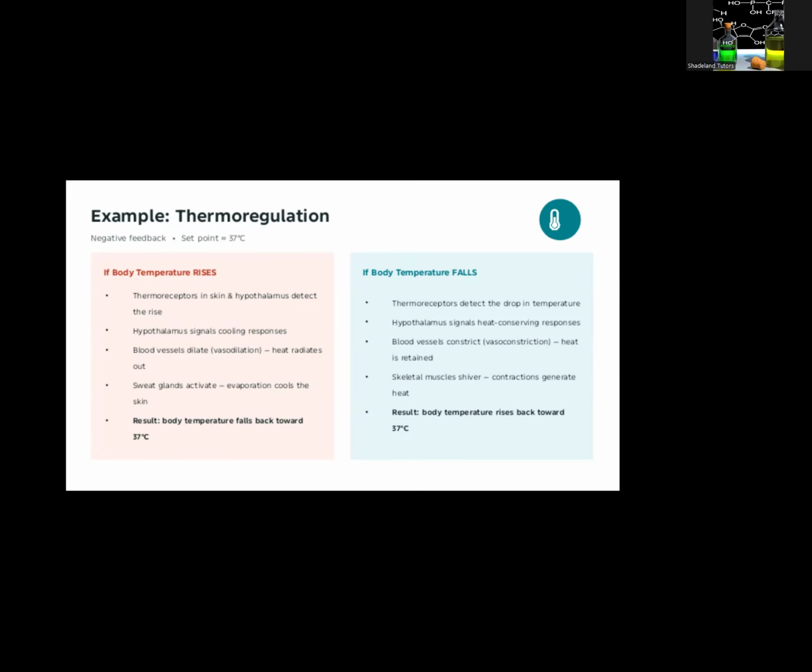Now, we are warm-blooded animals. Warm-blooded animals work hard to maintain a particular body temperature, unlike cold-blooded animals.